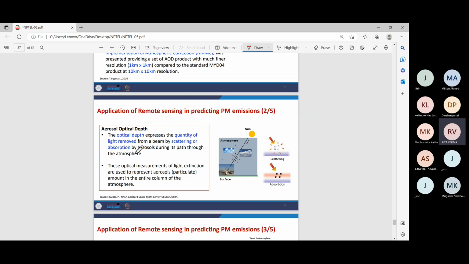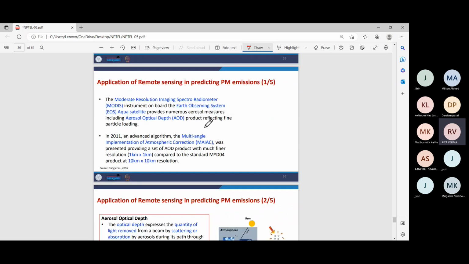Okay. So basically, this remote sensing method can be used to estimate the particulate matter emissions in the environment as well. This is the name of the instrument that is being used for aerosol measurement, and it gives data including aerosol optical depth, a product reflecting fine particle loading.